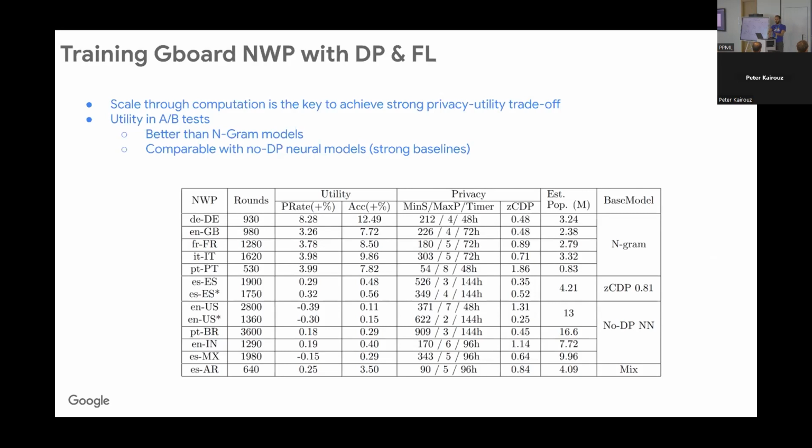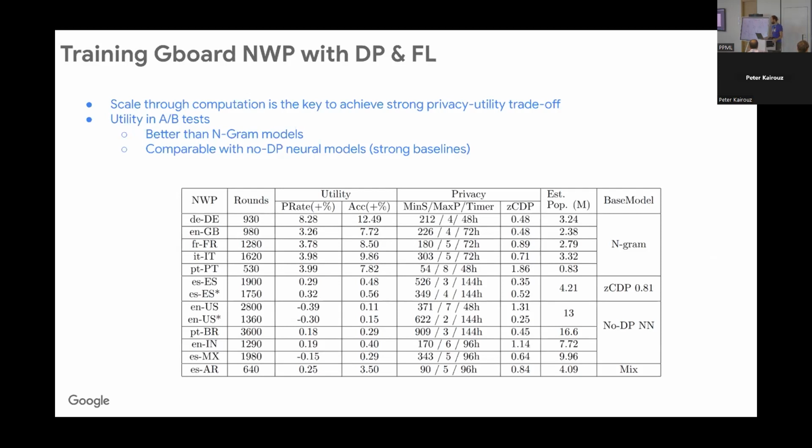Some countries and languages have fewer users compared to others. There are certain languages with a few 100,000 speakers or users, and there are languages with tens of millions of users, maybe in the hundreds of millions. You can imagine that satisfying DP for languages where there are very many speakers is going to be much easier than for languages where there are a lot fewer speakers.